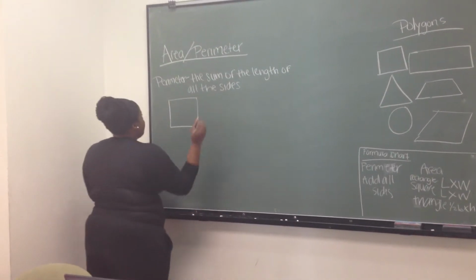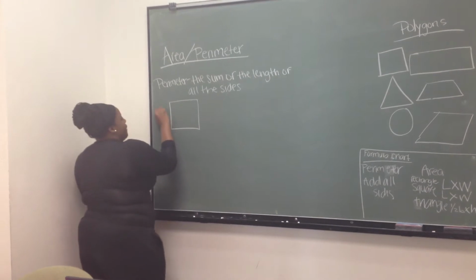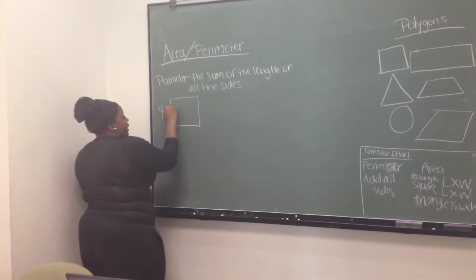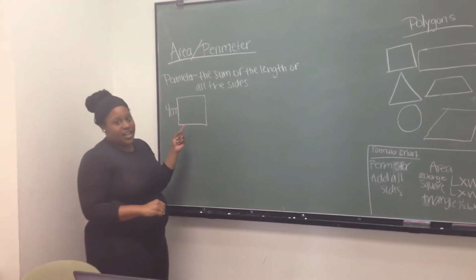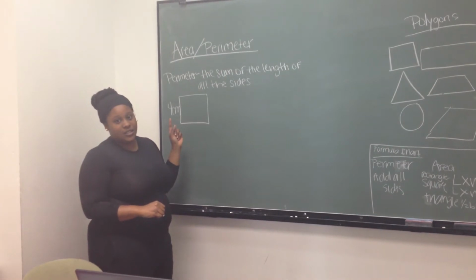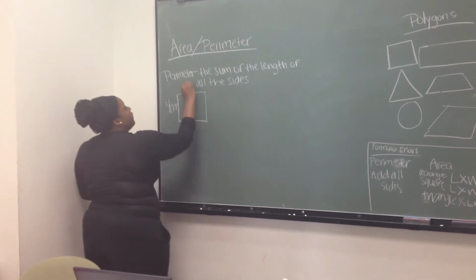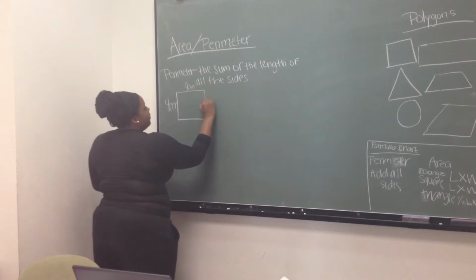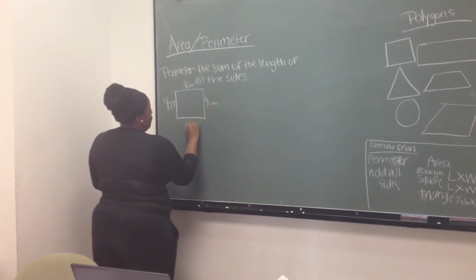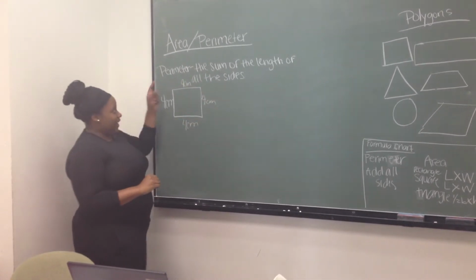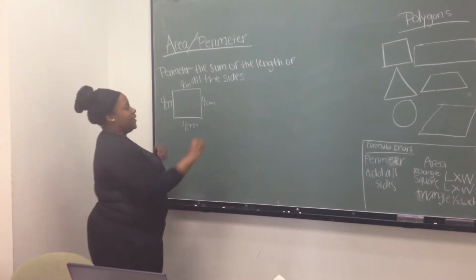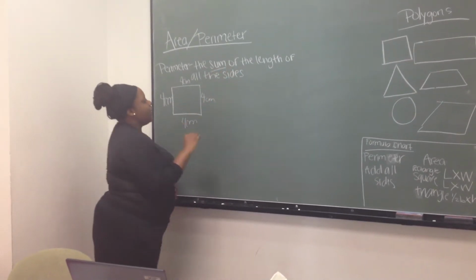broke the chalk, but anyway, the square we're going to have 4 centimeters, and we all know that each side of the square is equal. Good job. So therefore it'll be 4 here, 4 here, and 4 here. And looking back at the definition, it says the sum of the lengths of all the sides.